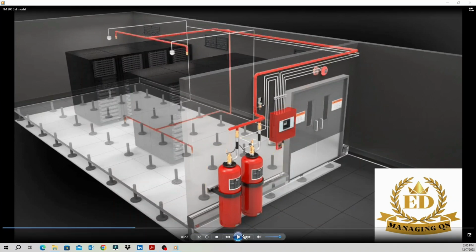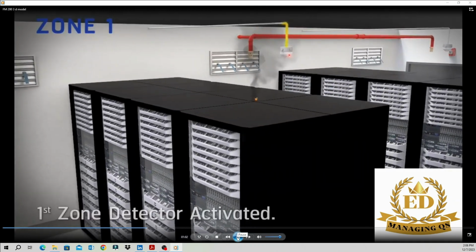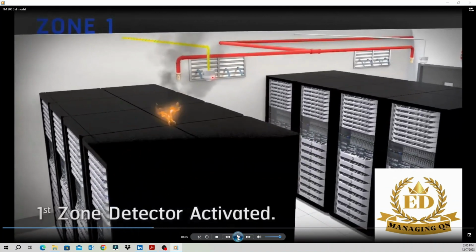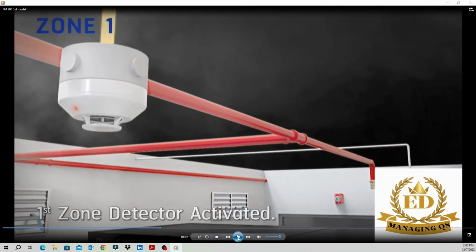Right, let's move forward. What's going on in this firefighting process? In zone 1, some fire has occurred. You can see the fire has occurred. Then the very important function of the smoke detectors: once a fire occurs in your room, smoke will be produced.